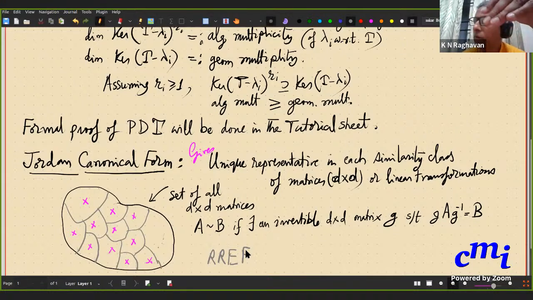There again, what you're saying is you're picking one element from every equivalence class. The equivalence class there is the matrices belonging to a subspace, right? Of all the matrices belonging to a, I don't know, let me.